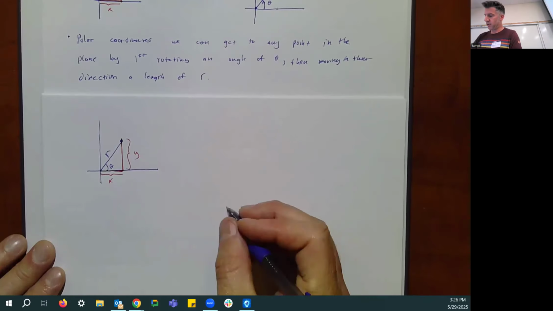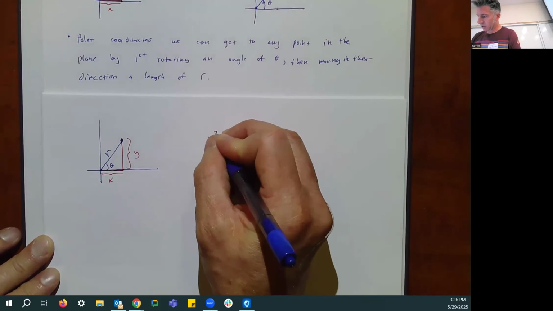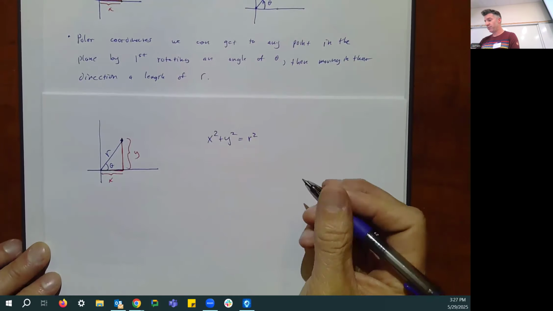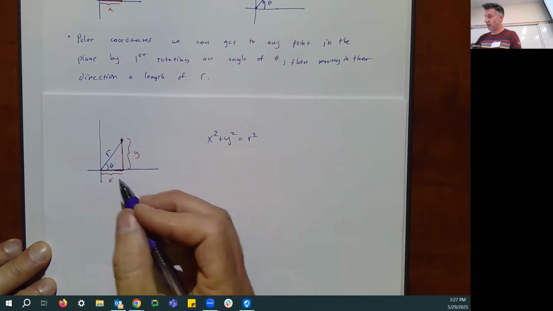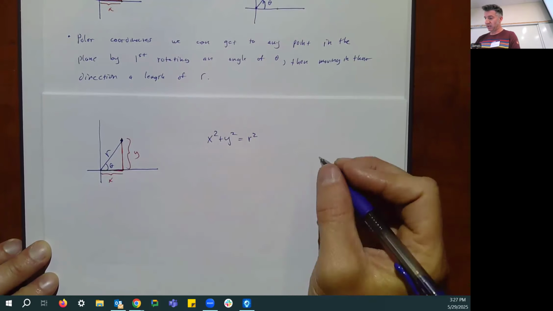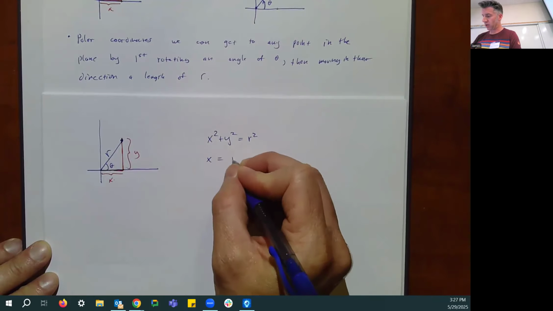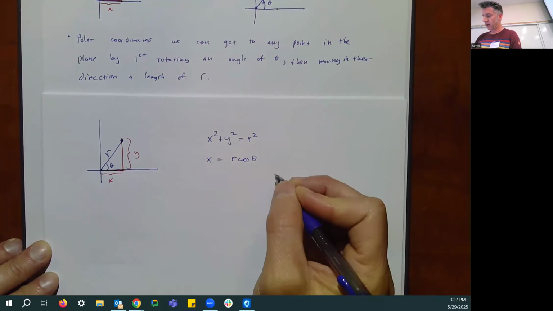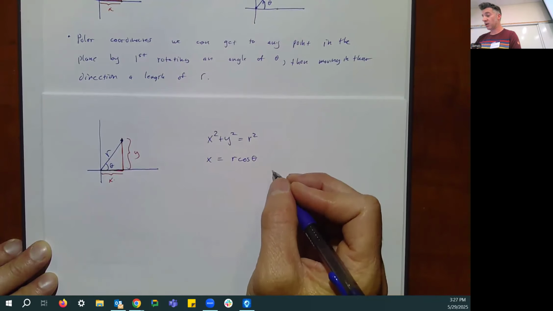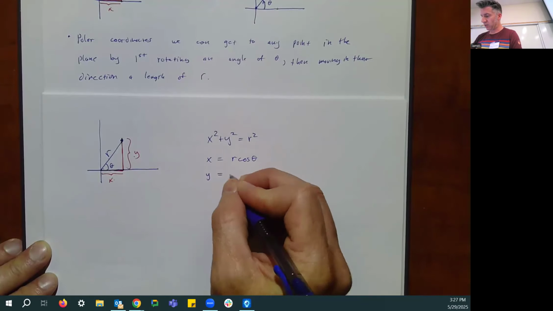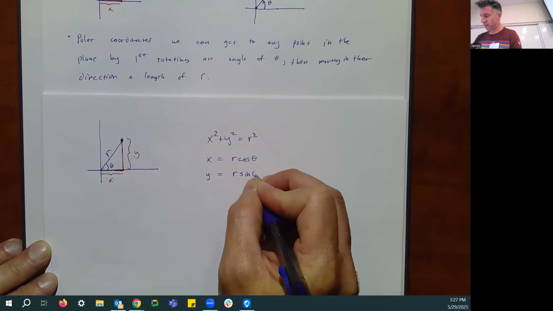We're going to get the typical equations: x squared plus y squared equal to r squared, just coming from the Pythagorean theorem. Taking cosine of theta, we can see that cosine of theta is equal to x over r, so x is equal to r times cosine of theta. And similarly, sine of theta is y over r, so y is equal to r times sine of theta.